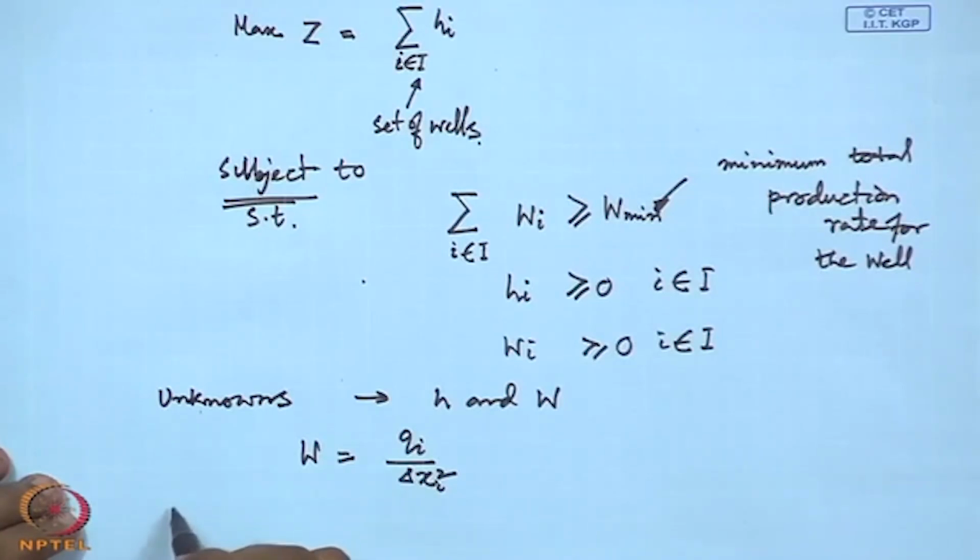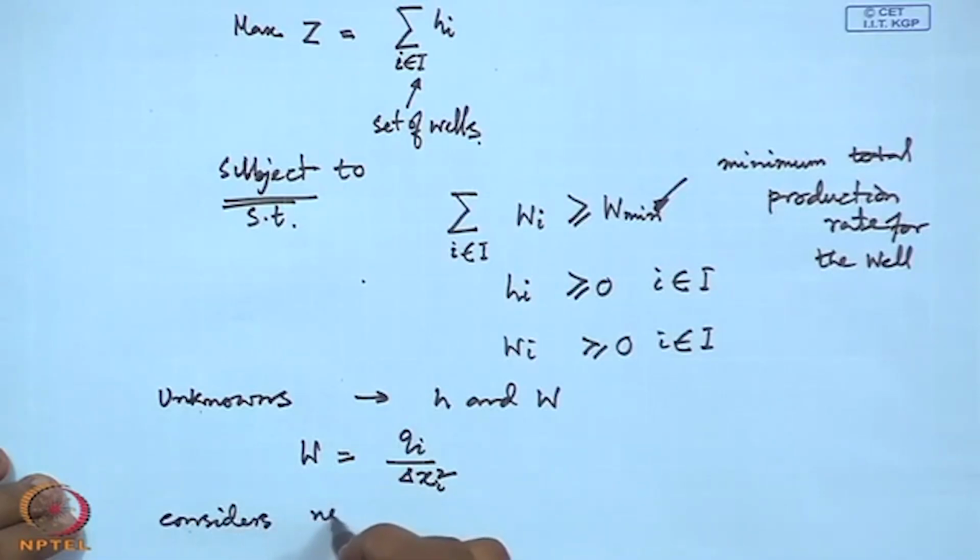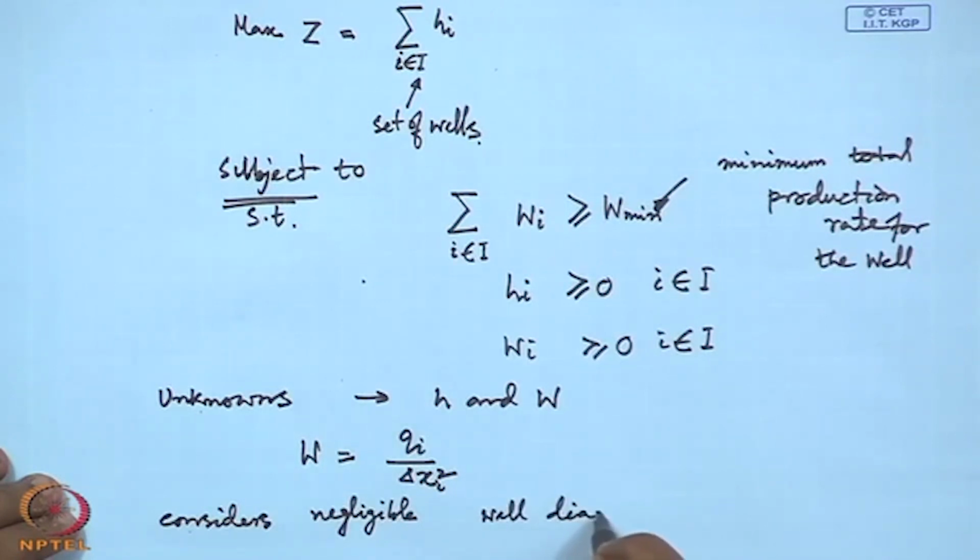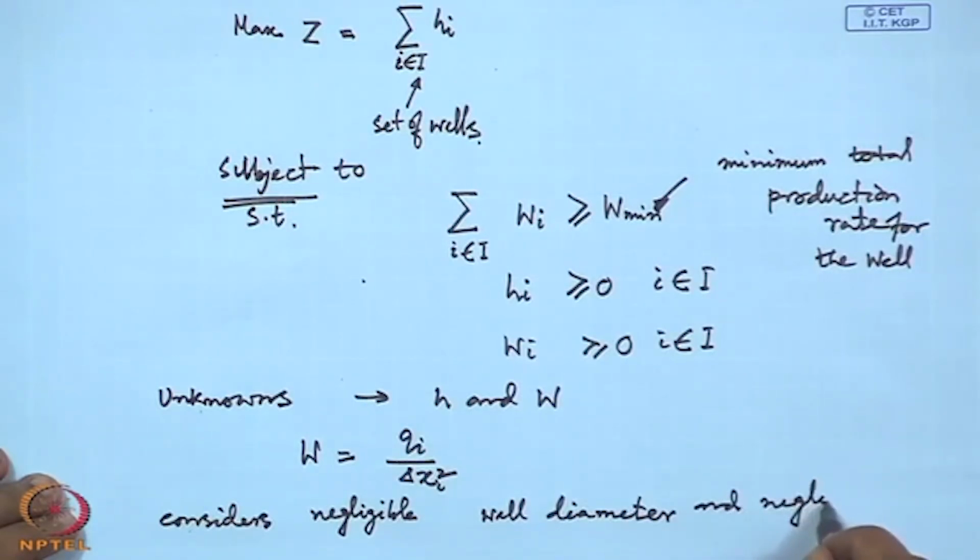In the above formulation, one limitation is there, that is it considers negligible well diameter and negligible well losses.